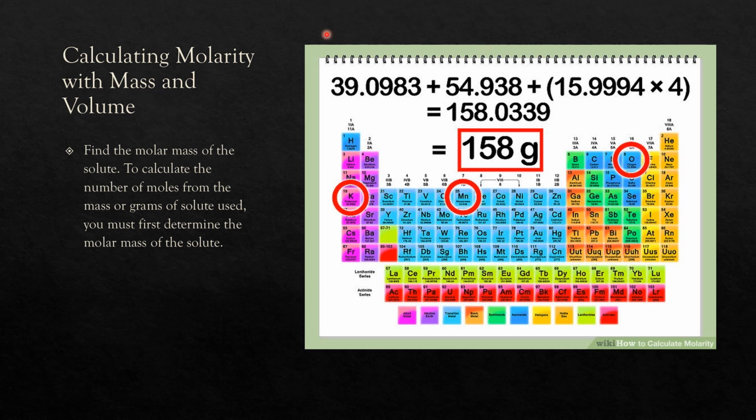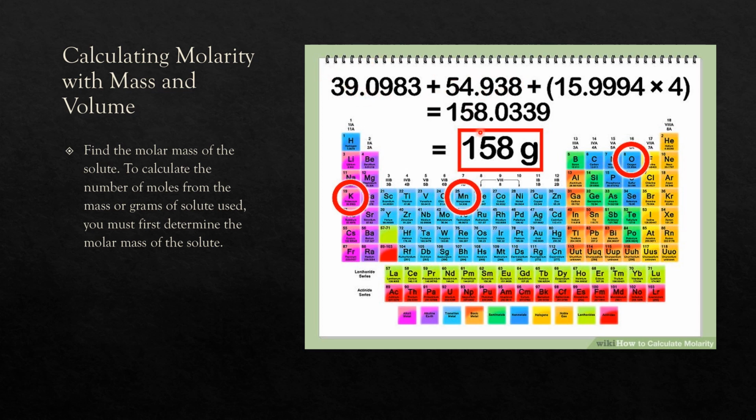We are going to find the molar mass of each element using the periodic table of elements, where the molar masses are indicated. We are just going to add the individual molar masses. For potassium, it has a molar mass of 39.1.